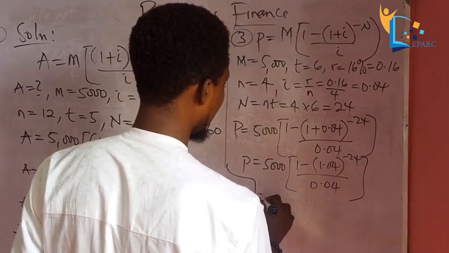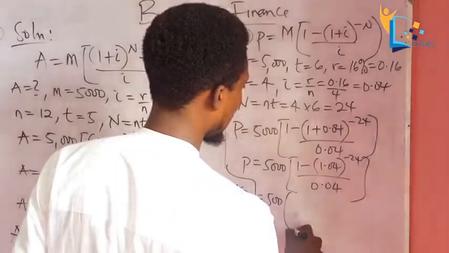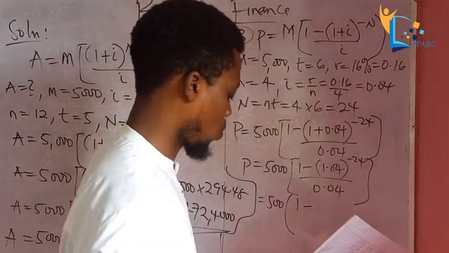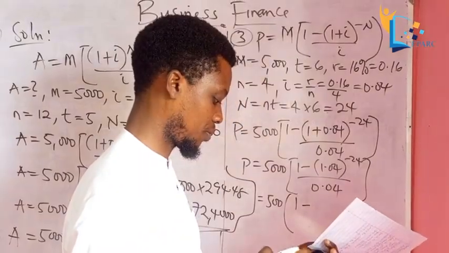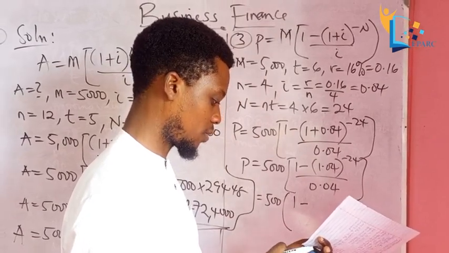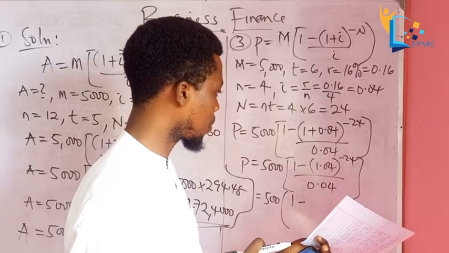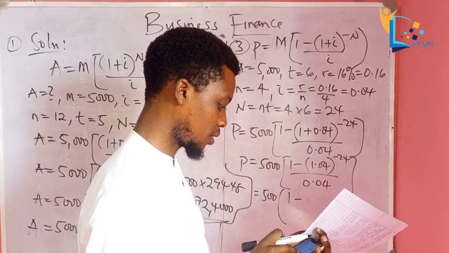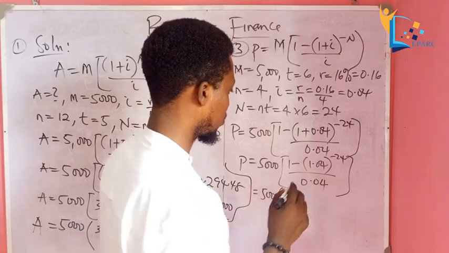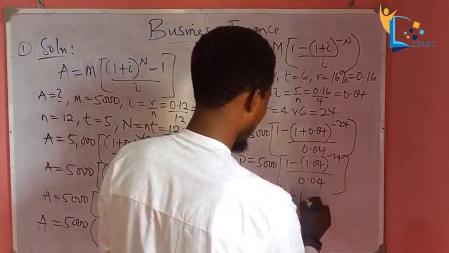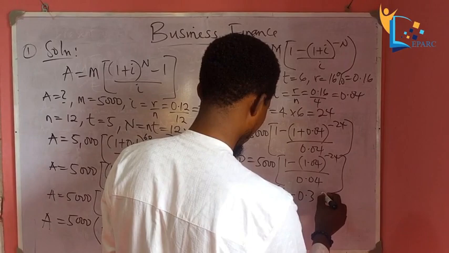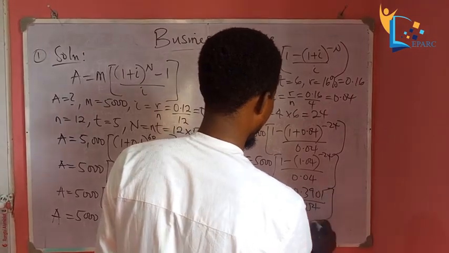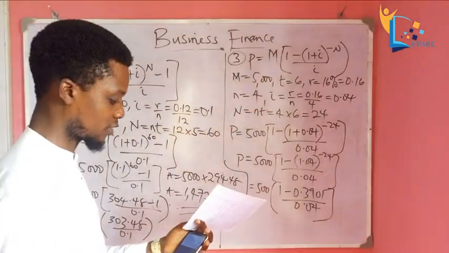Then 5,000, open brackets, 1 minus, let's solve for this, 1.04 raised to the power of minus 24 gives us 0.3901, all over 0.04.